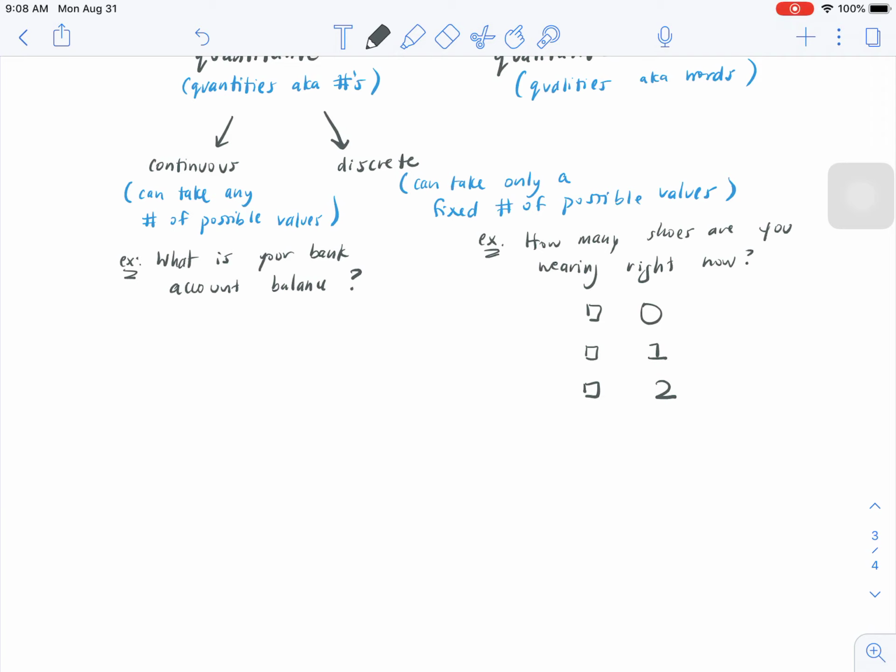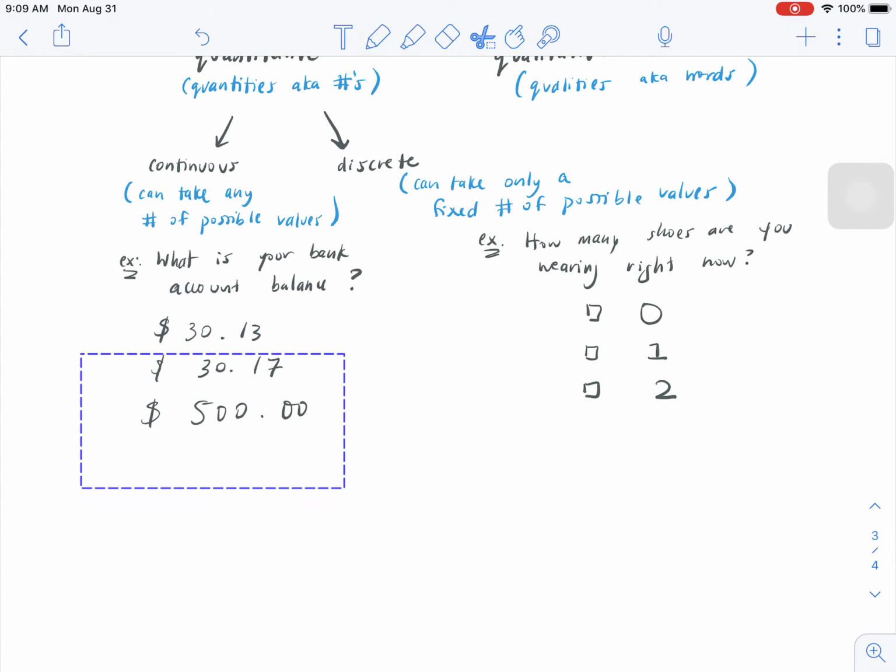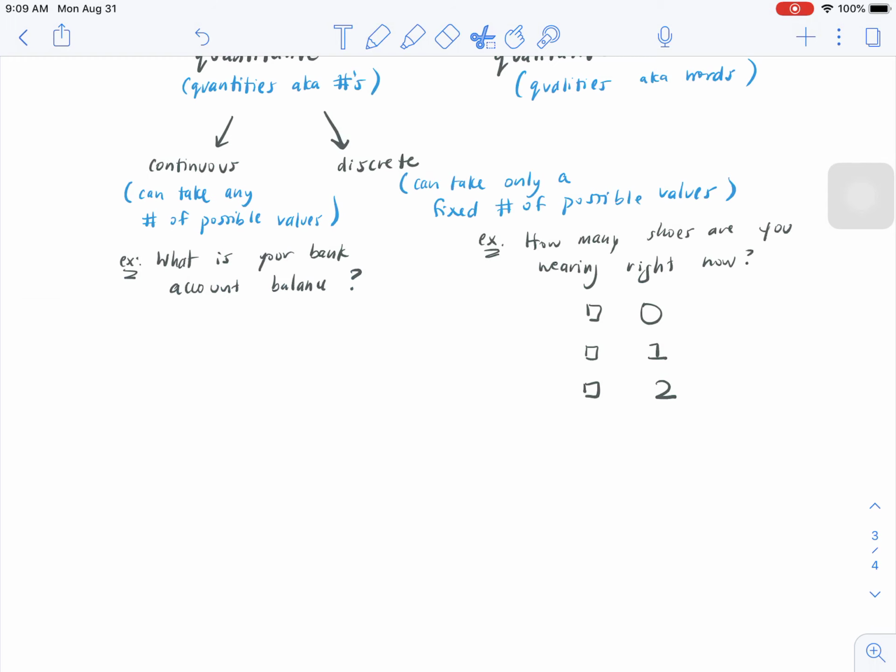If I wanted the exact account balance, I couldn't ask you that as a multiple choice question, because you could have, for example, $30.13, $30.17, maybe you have $500 and 0 cents, and so on. This is like a fill in the blank question.